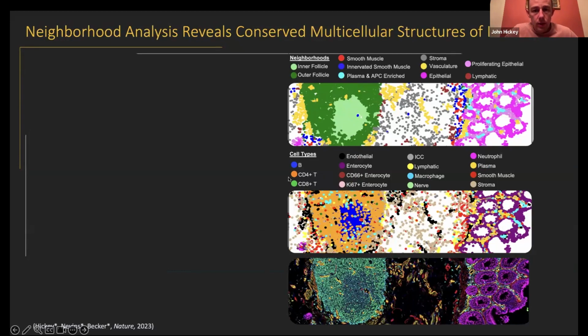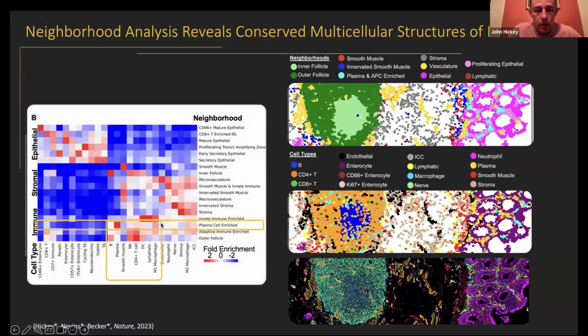This is a quantitative approach, and so we can quantitatively see which cell types are depleted, which are in blue, or enriched, which are in red, within each individual cell neighborhood. So these are the cell types that are mostly present. For example, in this neighborhood, we have plasma cells, CD4 cells, dendritic cells, and macrophages, and it's a neighborhood that we call the plasma cell enriched neighborhood.